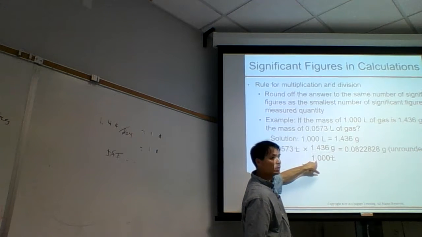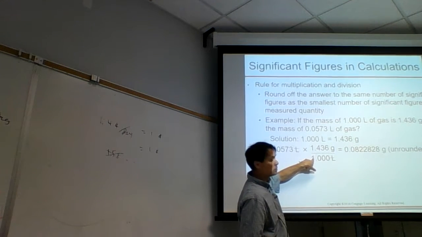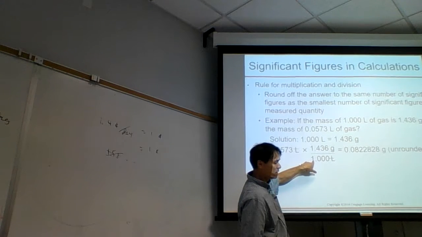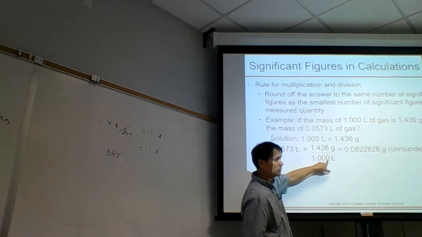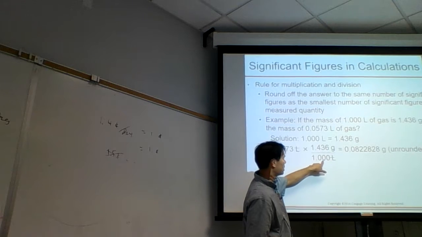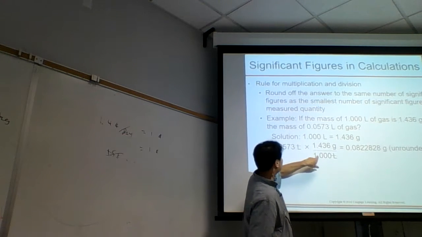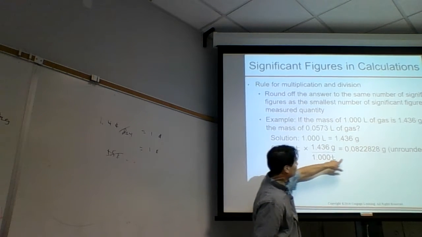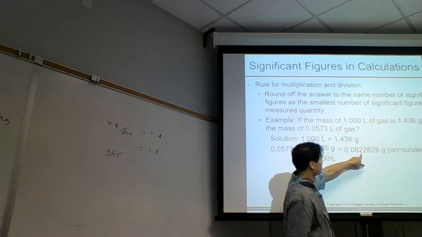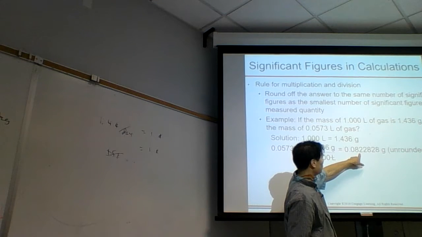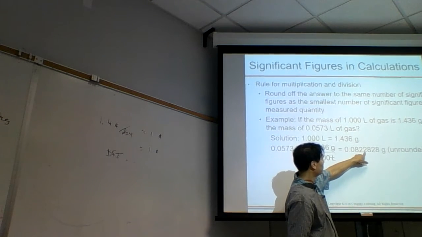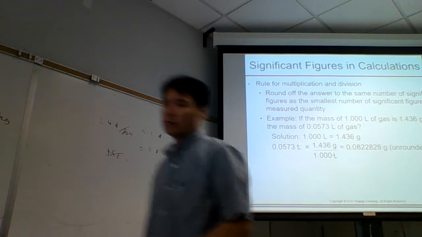Zeros after the decimal are significant as long as they're after a non-zero. So this is actually 4 sig figs. This is very precise for 1 liter. And so we're only allowed 3 sig figs here. So how do I express this in 3 sig figs? 0.0823. That would be 3 sig figs.